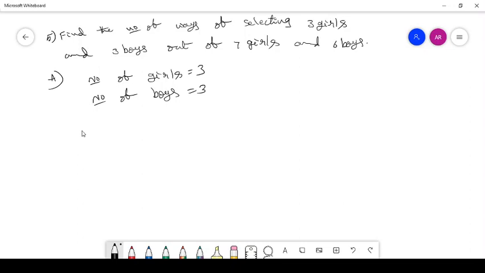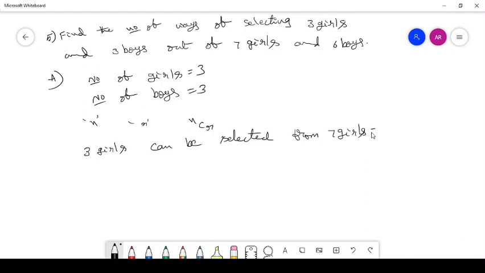Next, we know that the number of combinations of n dissimilar things taken r at a time is nCr. So the 3 girls can be selected from 7 girls. That is nothing but 7C3.